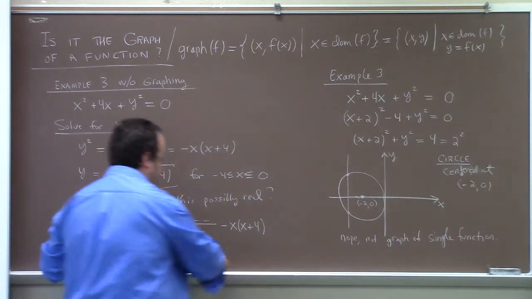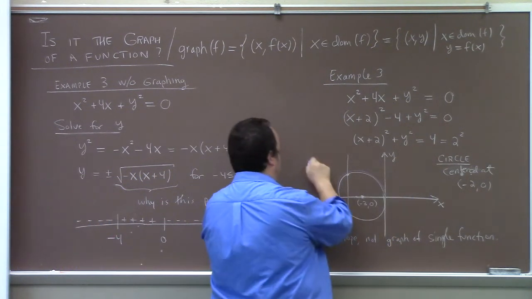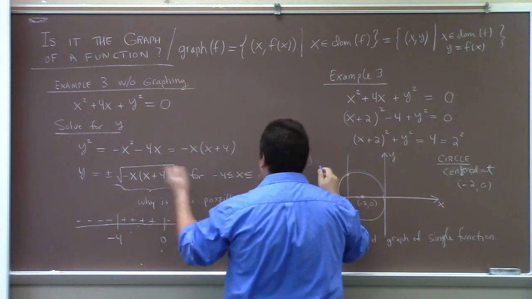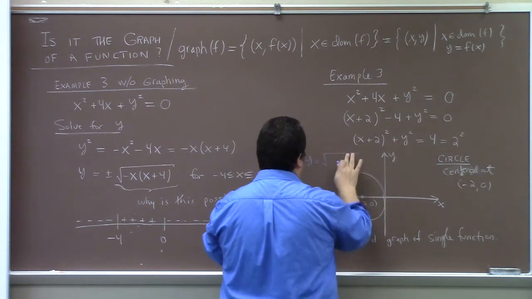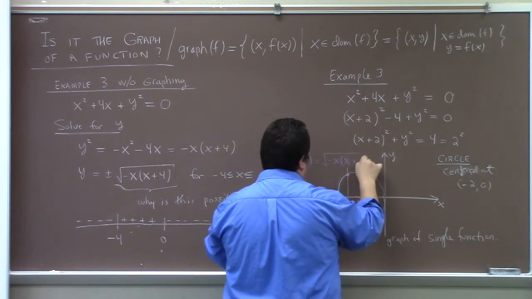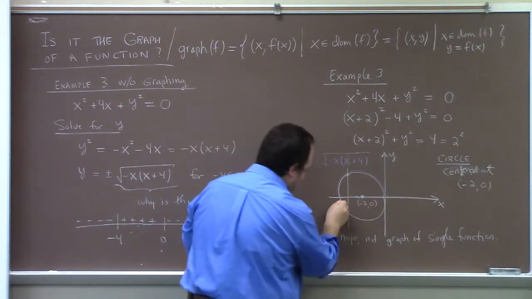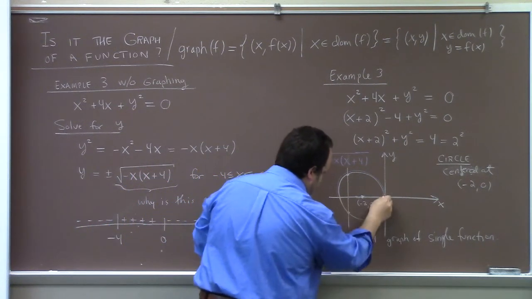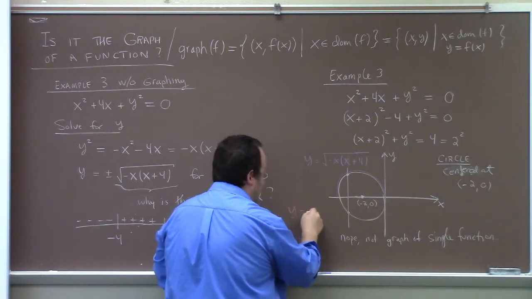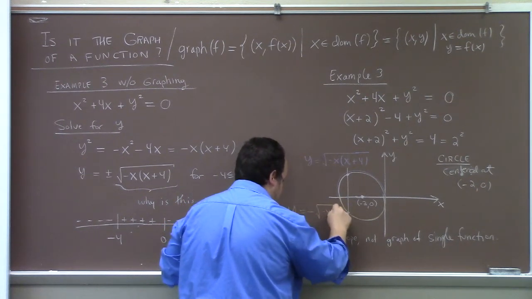So this guy up here is y equals the square root of minus x times x plus 4, whereas the bottom loop, this guy down here, is y equals minus the square root of minus x times x plus 4.